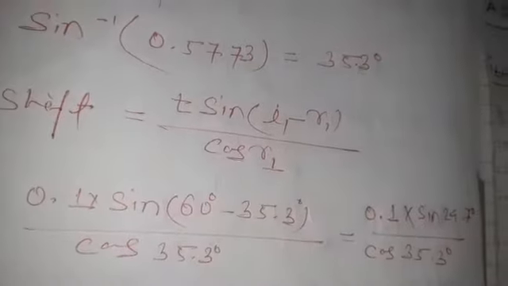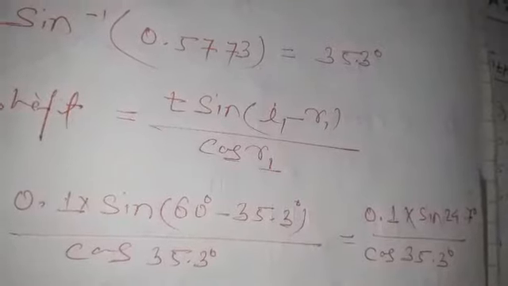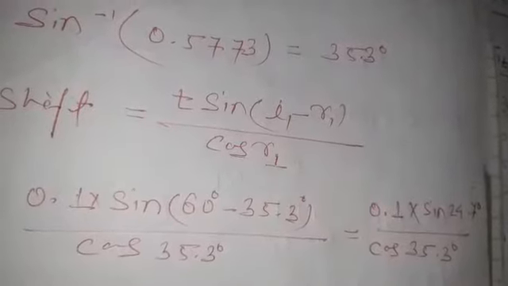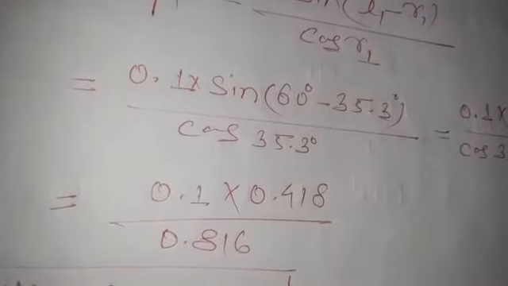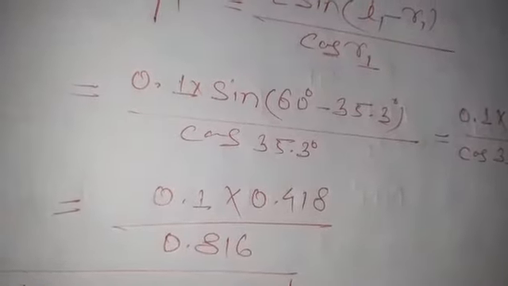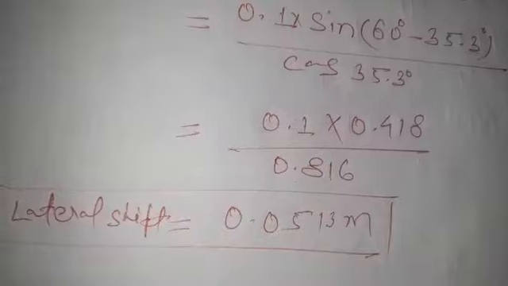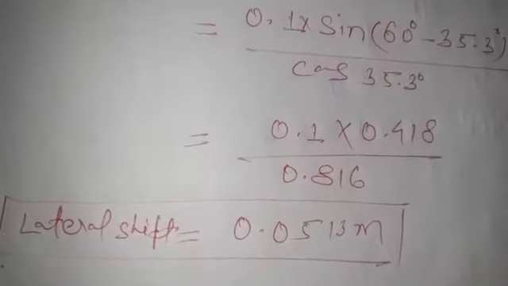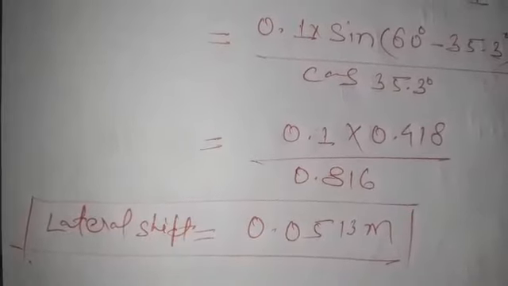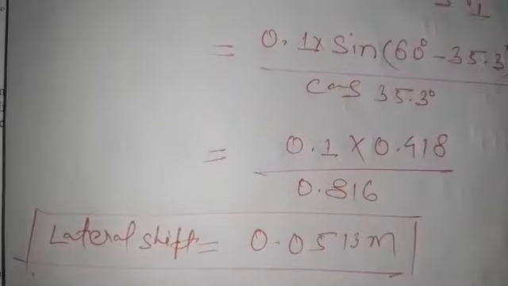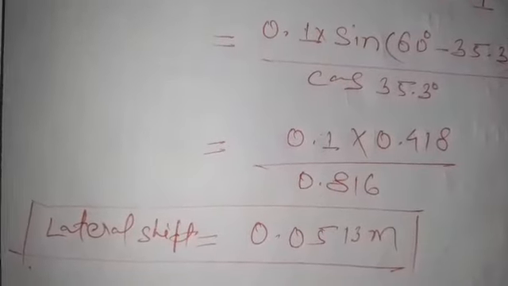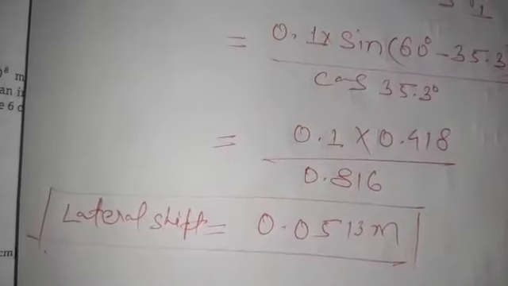So we get 0.1 into sin 24.7 degree divided by cos 35.3 degree, or 0.1 into 0.418 divided by 0.816. So lateral shift is 0.0513 meter. So this is your example based on this particular derivation.